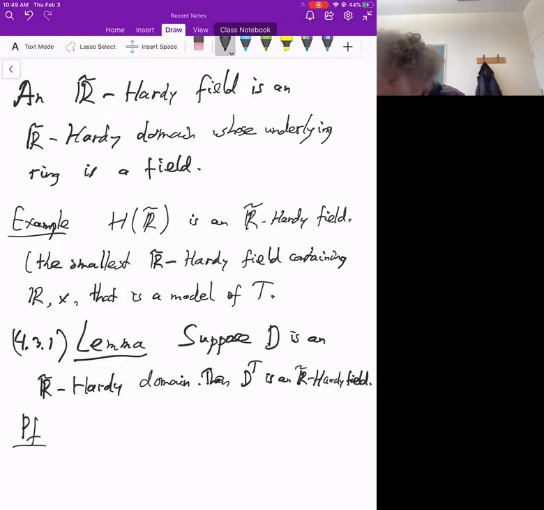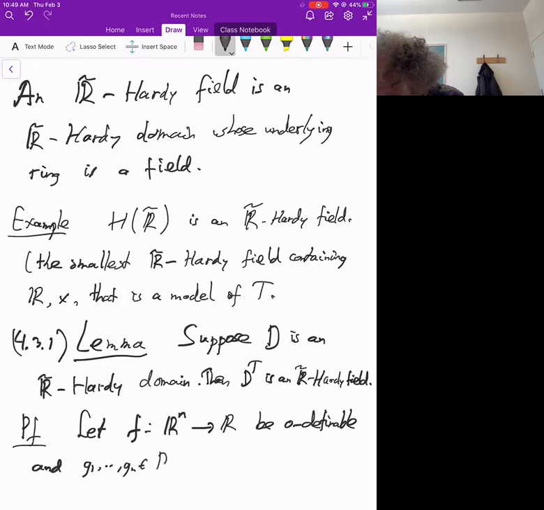So let F from Rn to R be zero definable, and G1 up to Gn in D. And what we have to show is, an earlier exercise already claimed that if you plug G1 up to Gn into F, you get a C1 germ.